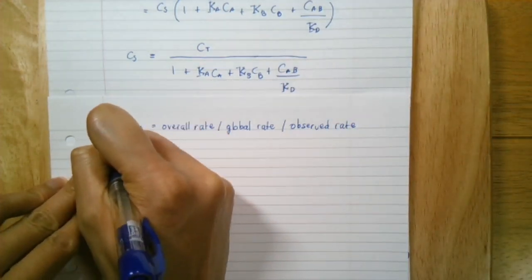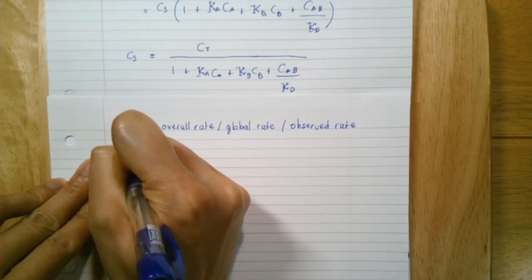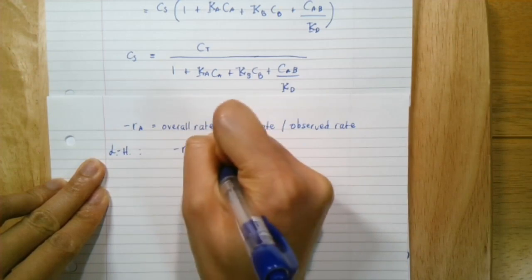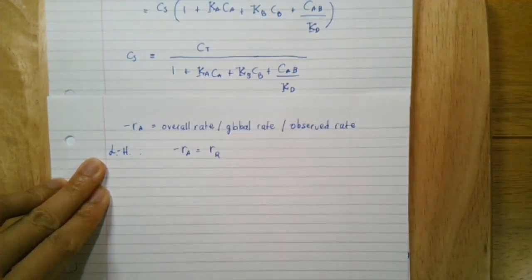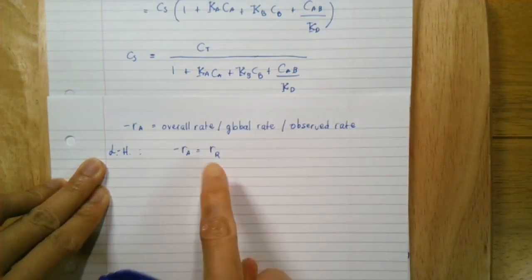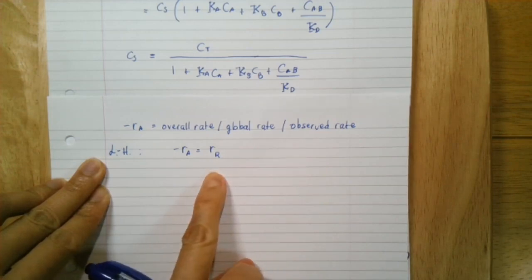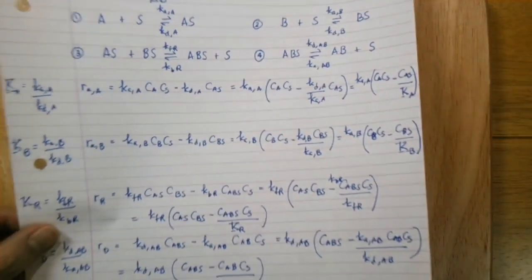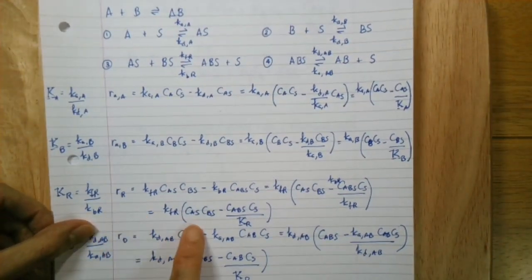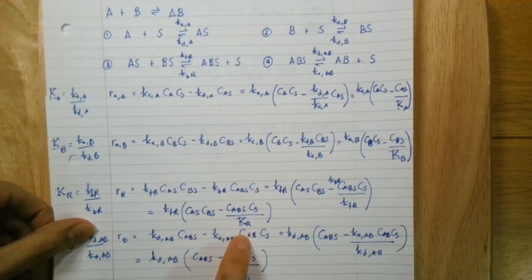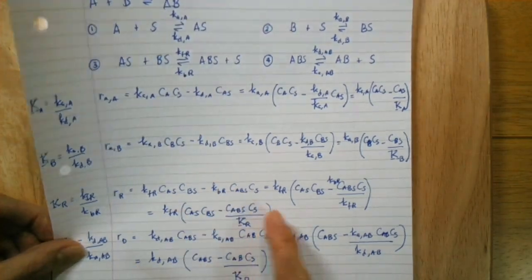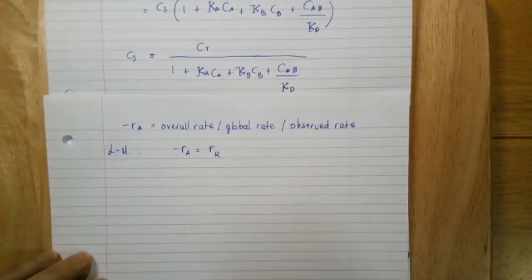According to the Langmuir-Hinshelwood mechanism, the overall rate is equal to the rate of the limiting step, which is the surface reaction. Earlier, we derived an expression for the rate of the surface reaction in terms of the surface concentrations and the equilibrium constants for the surface reaction. So I will write that here.